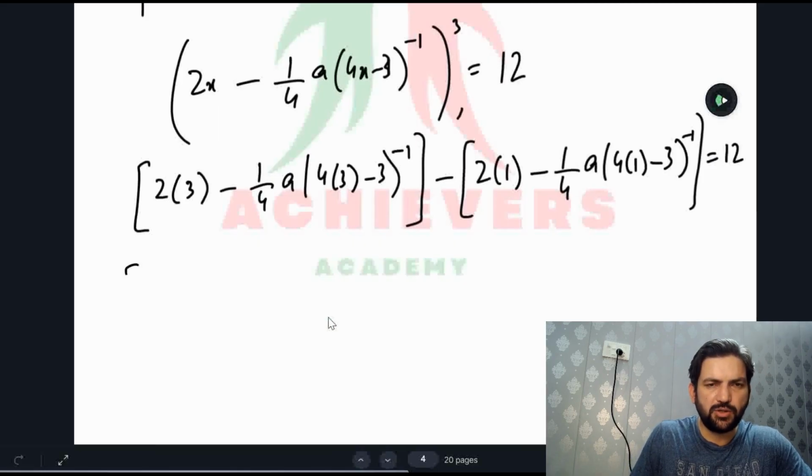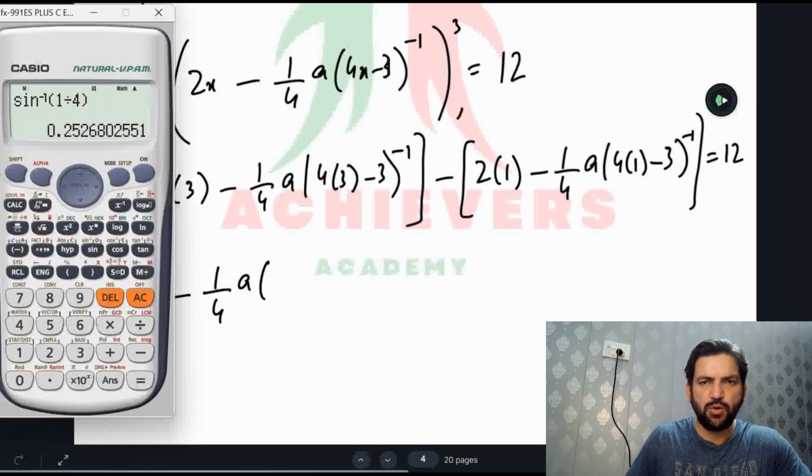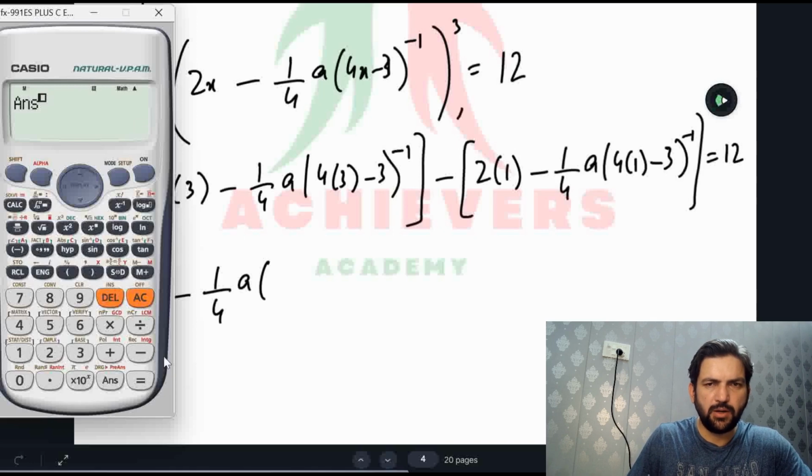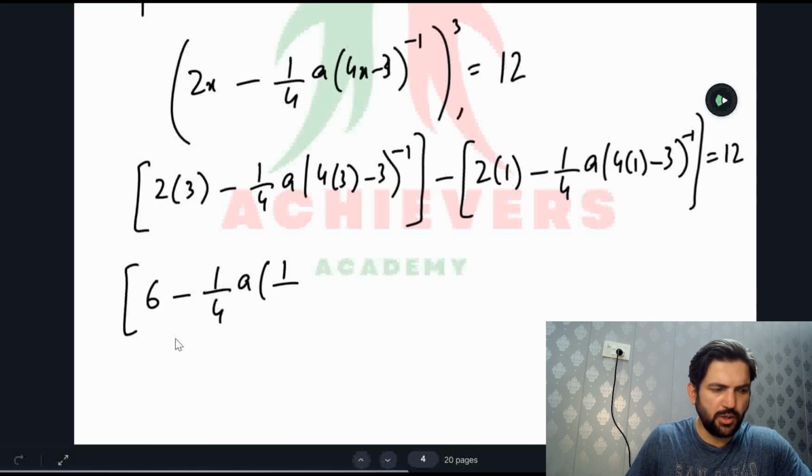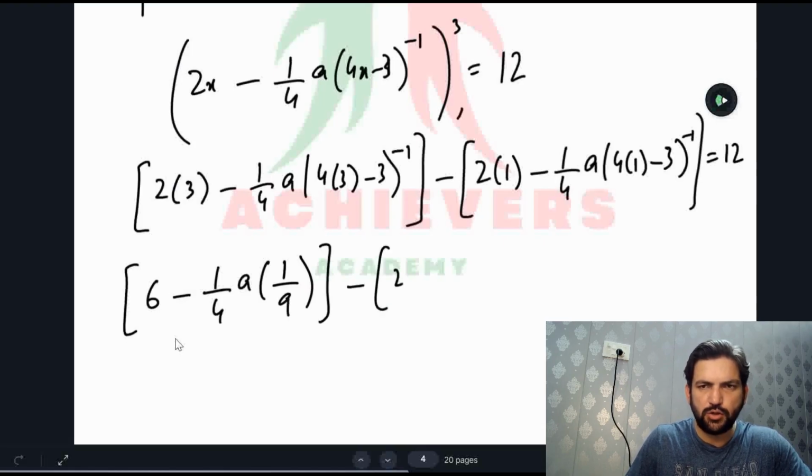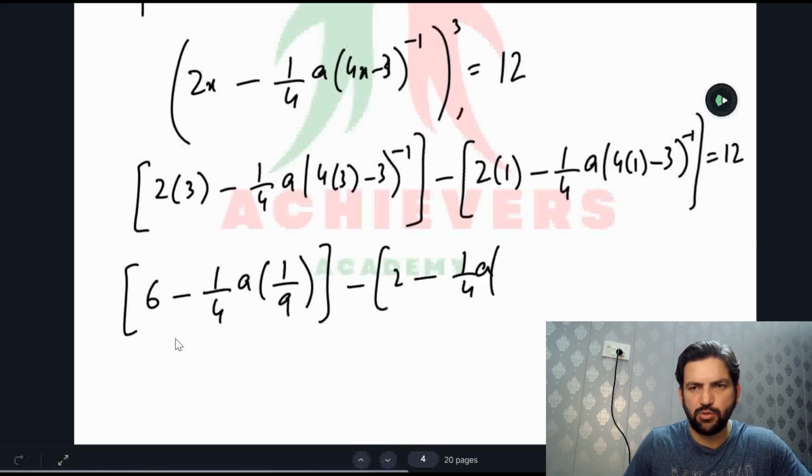Now this will be equal to 6 minus 1 by 4a into (4 into 3, 12, so 12 minus 3) to the power minus 1. So this will be 1 over 9. Minus 2 minus 1 over 4a into (4 minus 3 is 1), so this will be 1, no need to simplify it.